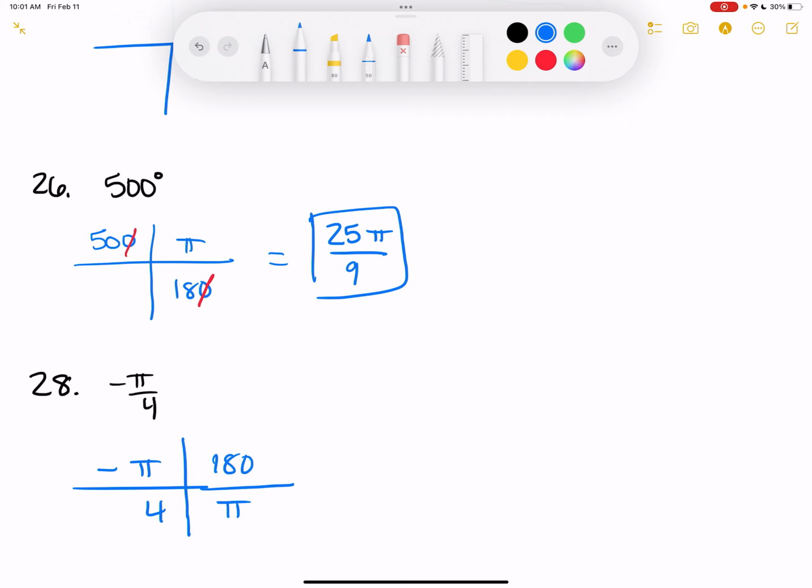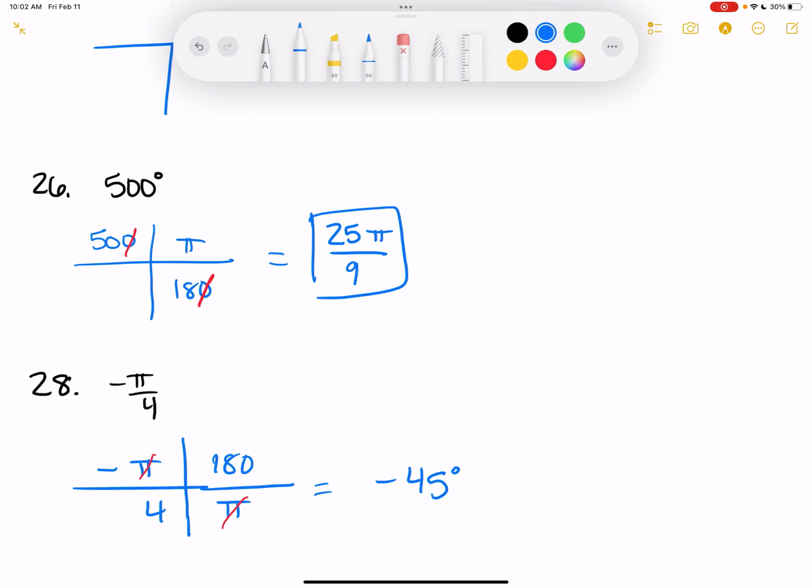So the pi's are going to cancel, leaving you with, can I take a 4 out of 180? Yes. What is it equal to? 45. So don't forget the negative sign, so it's going to be negative 45 degrees.